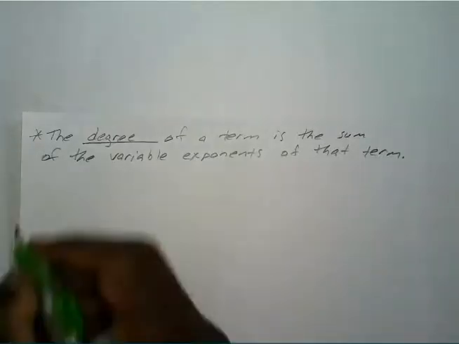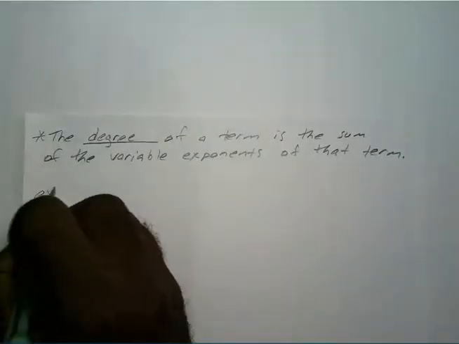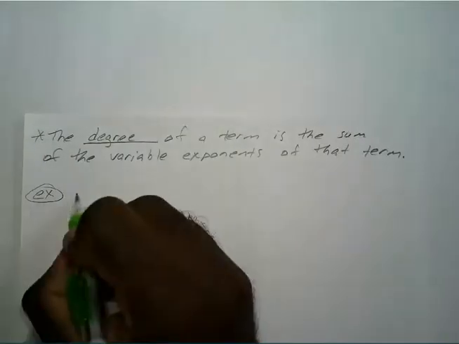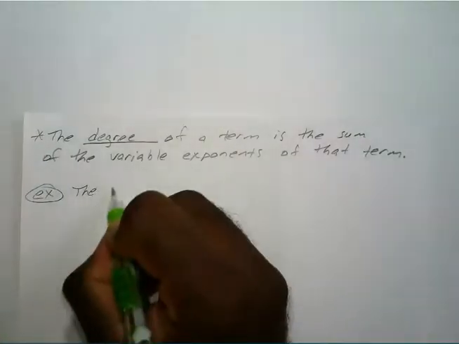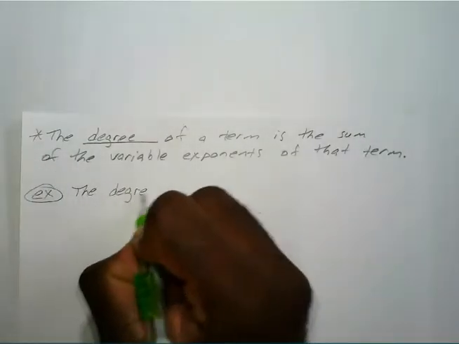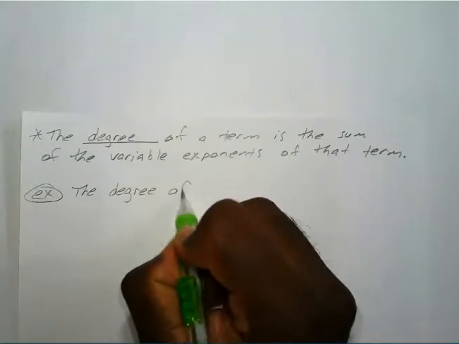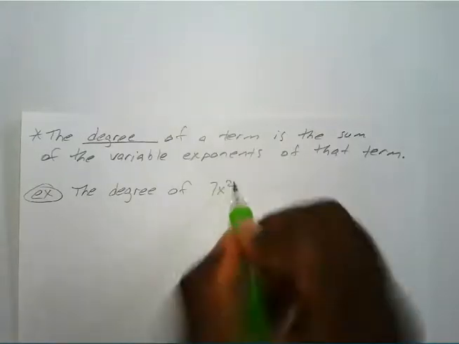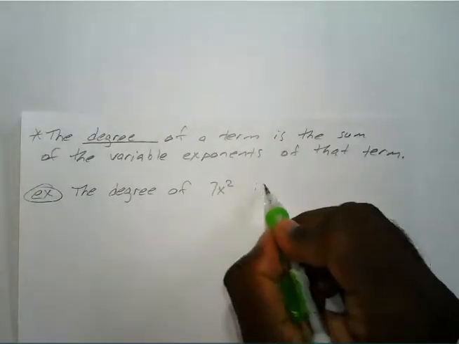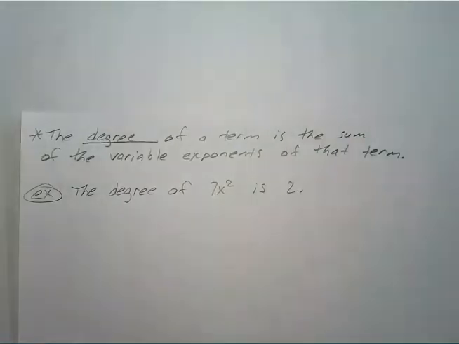Alright, so what do we mean by that? Well, let's say, for example, if you have the degree of 7x squared. Well, we know that degree is 2.